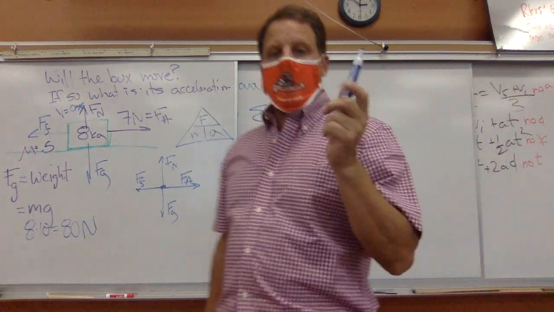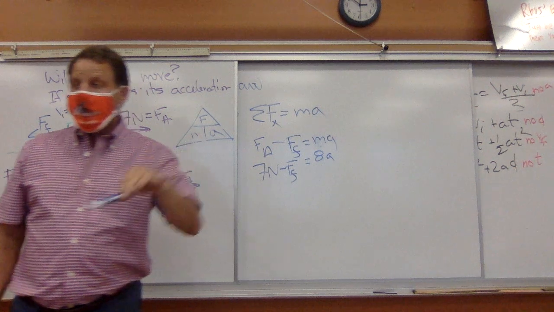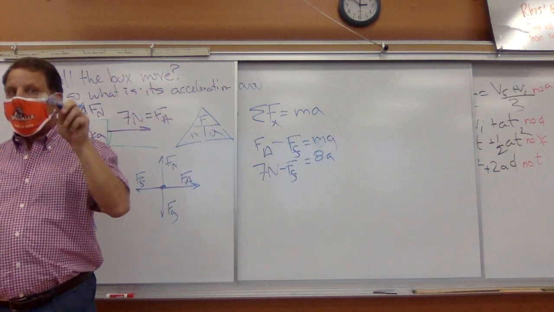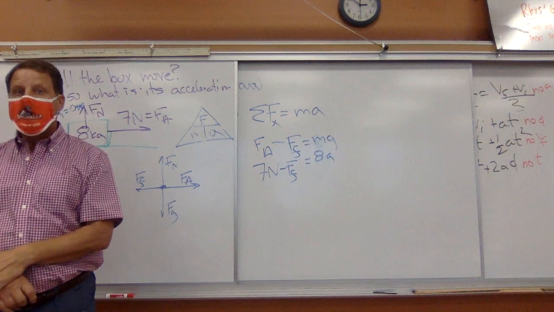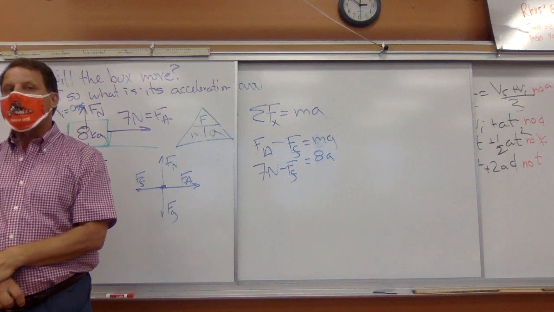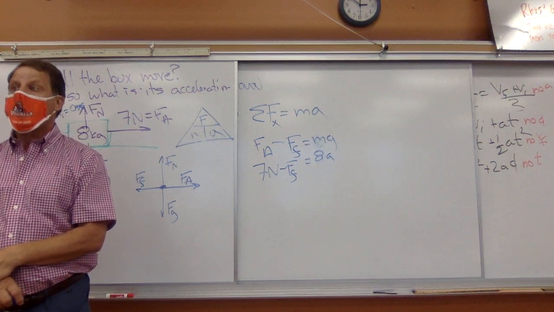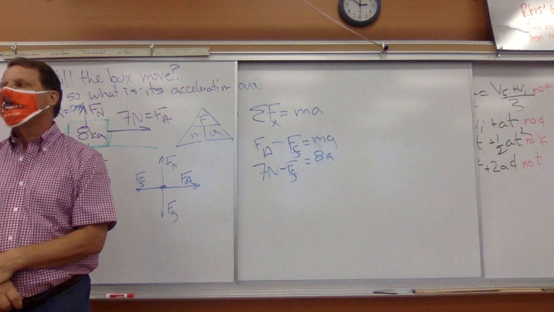Now, you guys, we haven't brought it up in this lecture yet, but in this past week, we have a formula for the force of friction. Does anyone remember what that equation is?